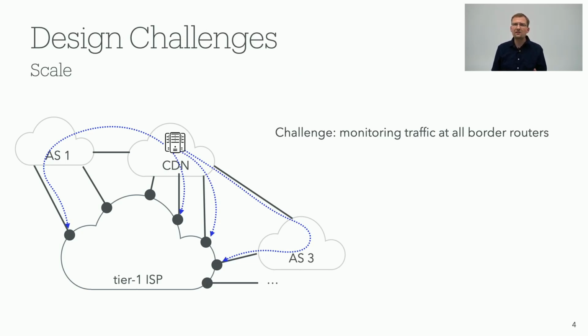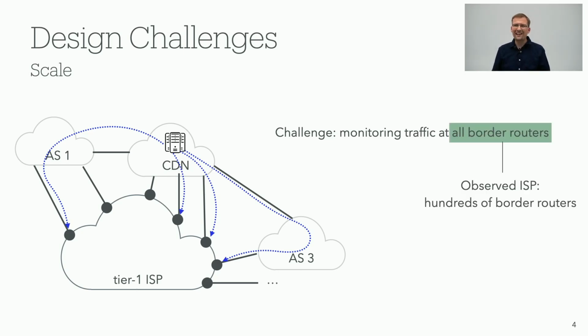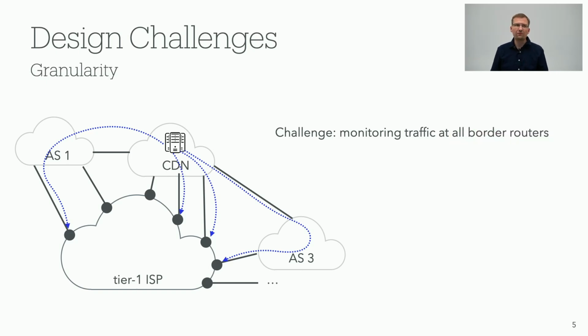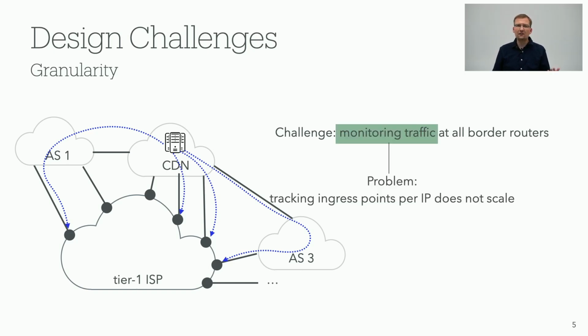And the first one is simply scale. Because in order to implement ingress point detection, we need to monitor traffic at all the border routers. And in the case of our observed ISP, that means hundreds of border routers. The second question is the one of granularity. At what granularity are we observing and tracking this traffic? The problem is that tracking ingress points on the basis of single individual IP addresses does not scale.